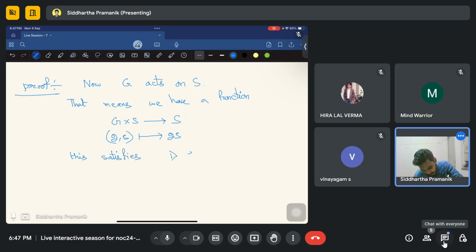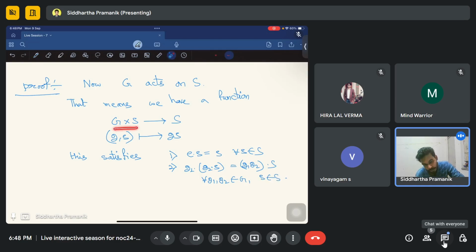First one is e·s is s for all s belonging to S, and second one is g1·(g2·s) is the same as (g1 g2)·s for all g1, g2 in G and s in S.